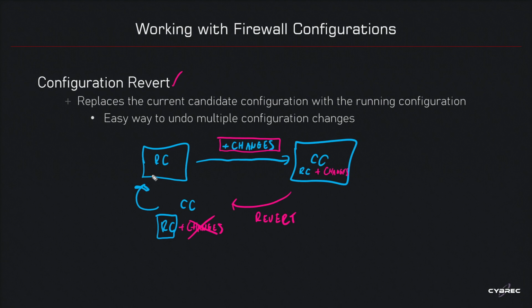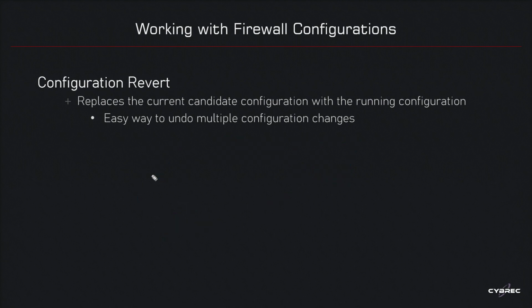So revert undoes the changes, commit activates the changes. In this case, we go back from candidate config to the running config. This is the revert, where if this was a commit, we would go from the candidate config to a new running config. These two basically have the opposite meaning.